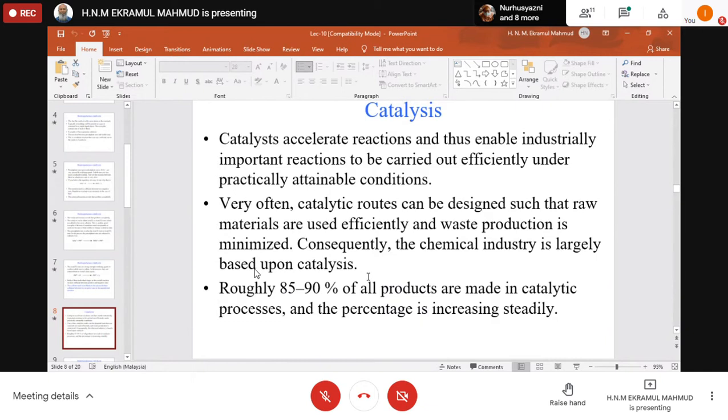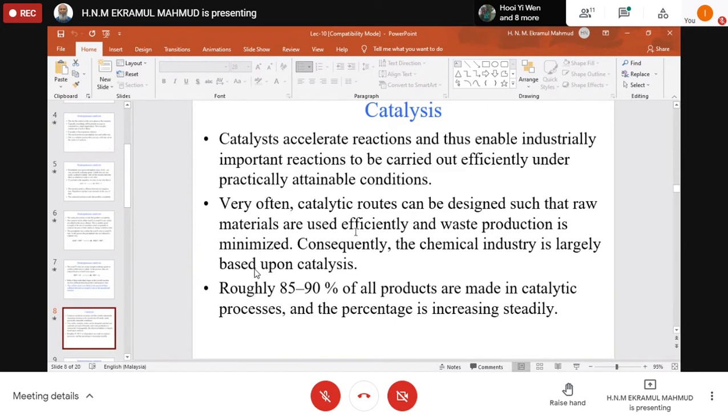So catalysts accelerate reactions and thus enable industrially important reactions to be carried out efficiently under practically attainable conditions. Very often, catalytic routes can be designed such that raw materials are used efficiently and waste production is minimized. We do not want waste, right?